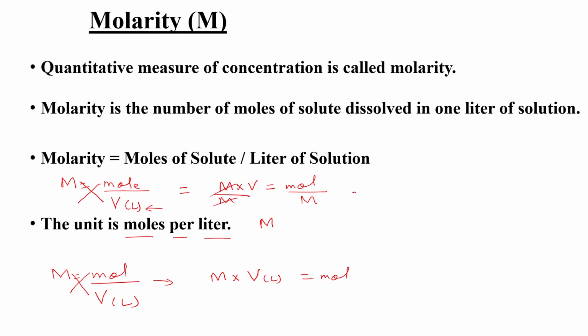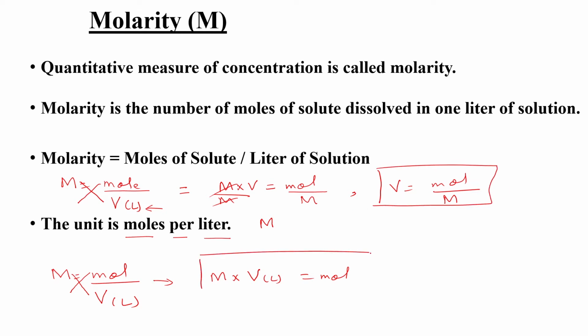So your formula will be volume equals moles over molarity. So from this molarity formula, we actually have three formulas. We can find moles from this formula, we can find molarity from this formula, and we can find volume, depending on what we need to find.